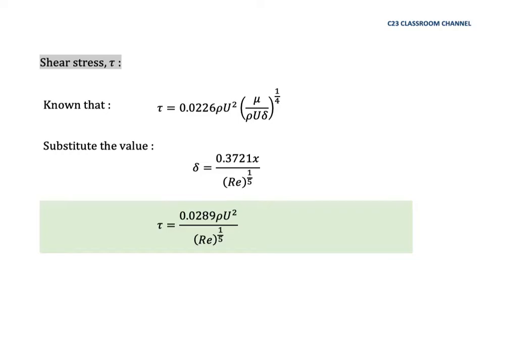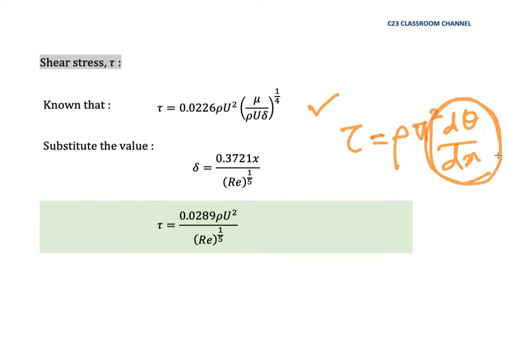And then we calculate the shear stress. Again here, please do not use the von Karman equation, because in the von Karman equation we have tau equal to rho u square d theta dx, and the form here is still in differential form, which means the equation is still not complete.